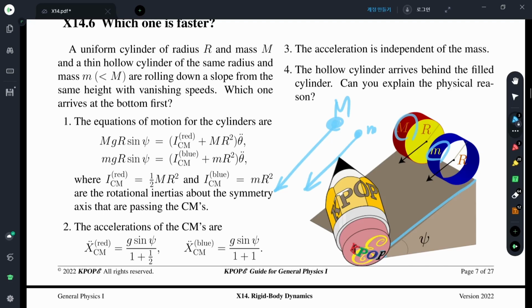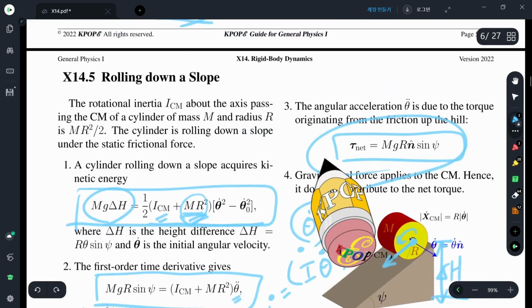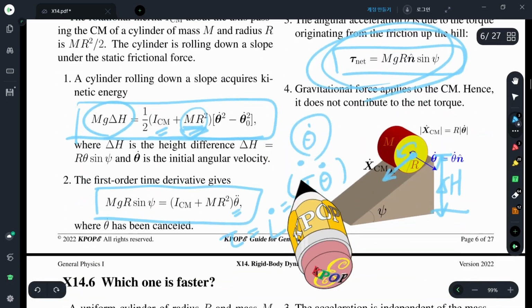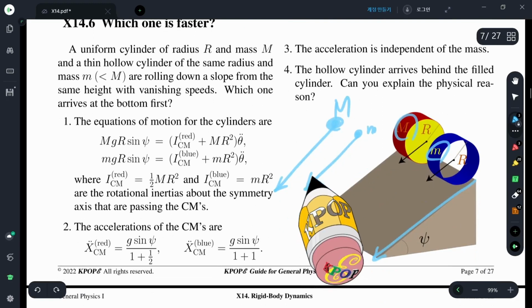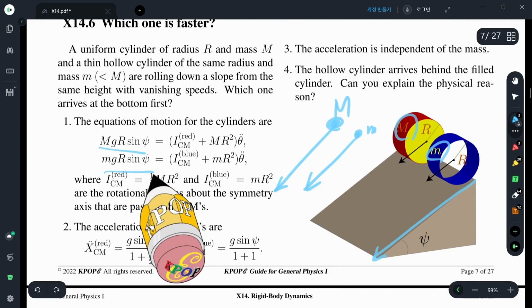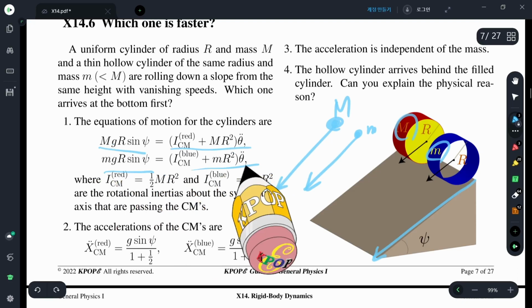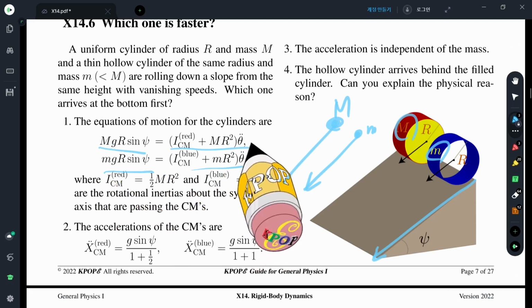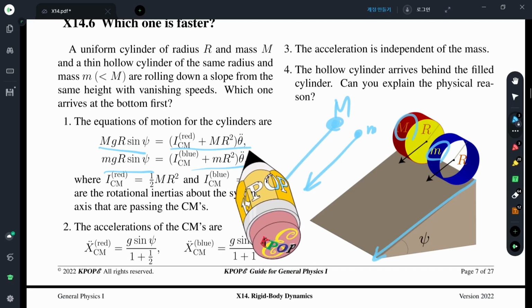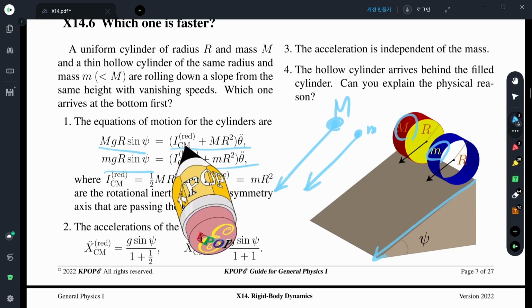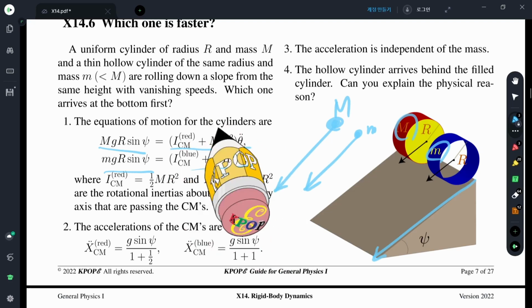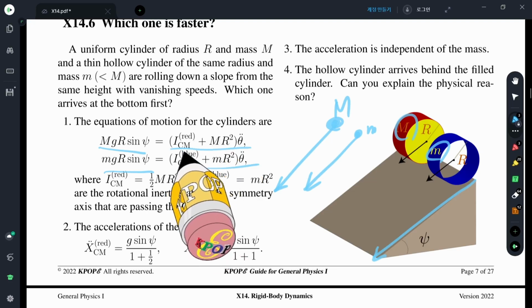Let's see. The equation of motion we have just derived can be copied in here. This is a torque, and torque is the time derivative of the angular momentum, and the time derivative of angular momentum is theta double dot multiplied by what? That is the inertia tensor, the moment of inertia.